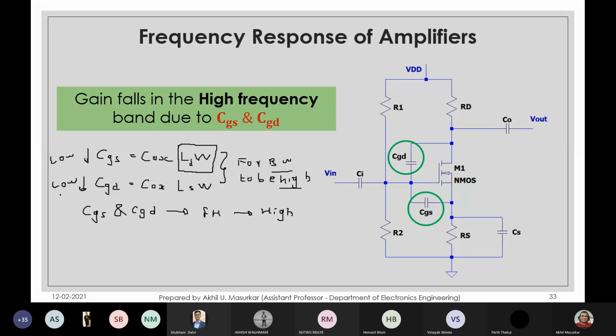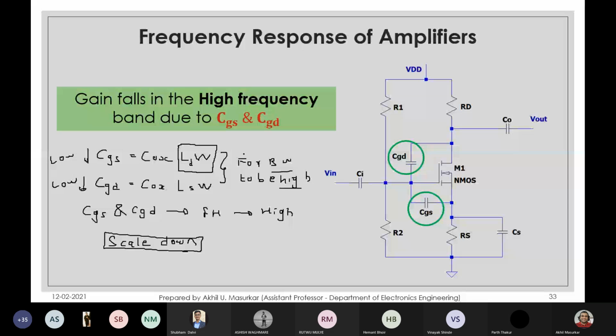So if you want high bandwidth, you need to scale down the device. Scale down simply means making the device small. If you want the amplifier to work at very high frequencies, you make the device as small as possible. That means if you reduce the width and the lengths of the MOSFETs, then LD and W will also reduce.